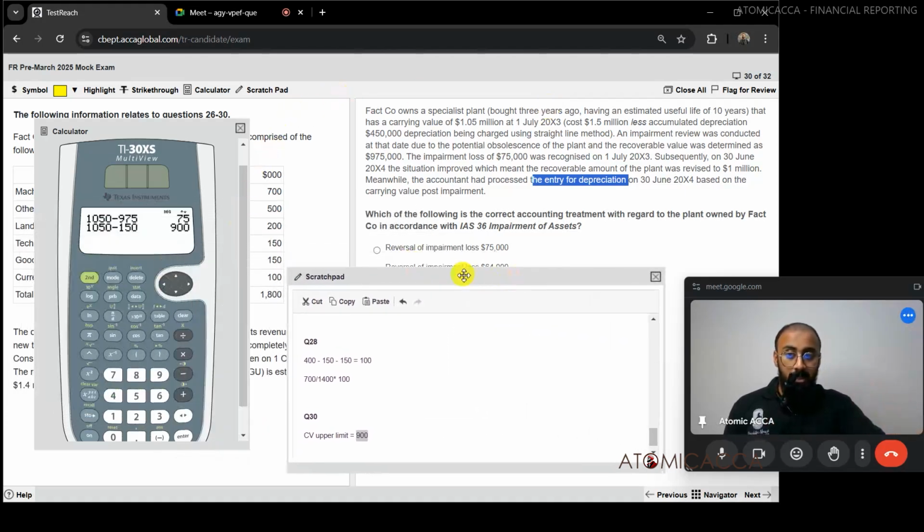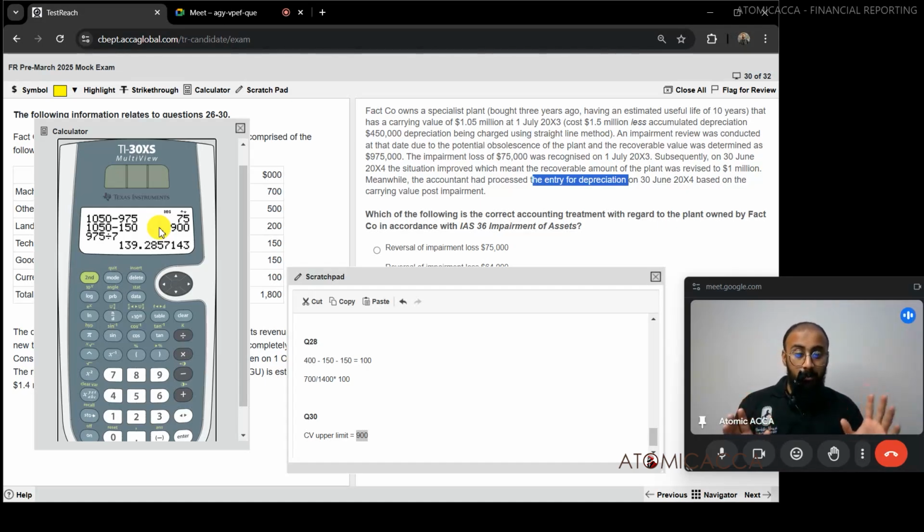So if 975,000 was the carrying value at the beginning of the year, divided by 7 years remaining, that means there is a depreciation of 139,285. This much amount of depreciation is there.